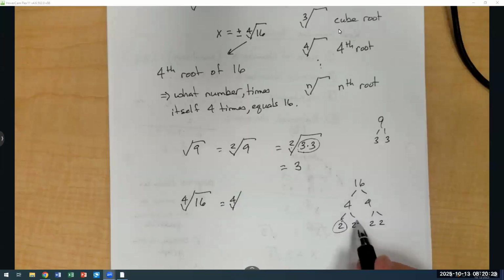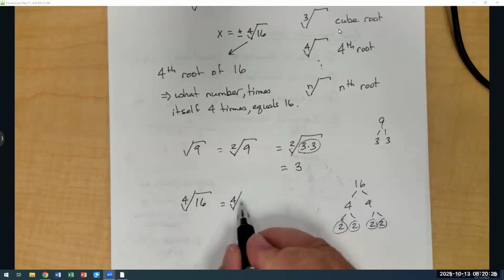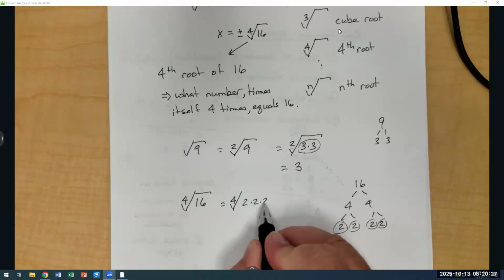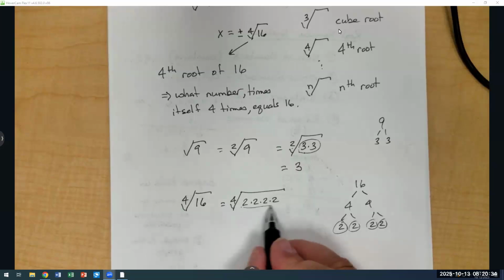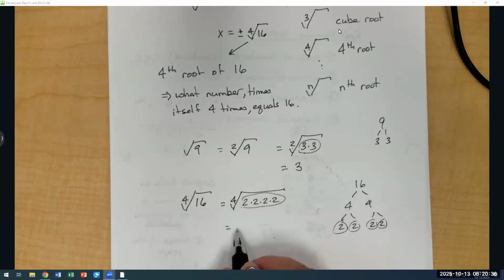So it's made up of 2 times 2 times 2 times 2. Is there 4 of a kind in there? Yes. Since there's 4 of a kind, that's what I need there. The answer is 2. That's how radicals work.